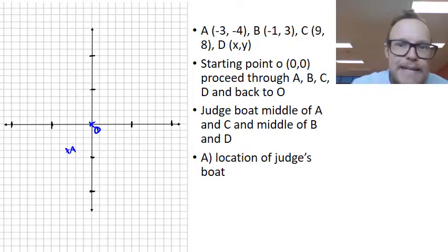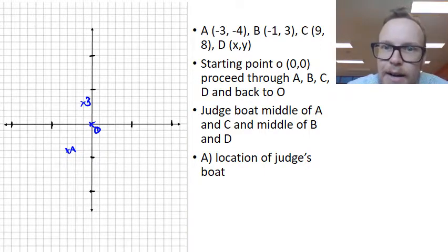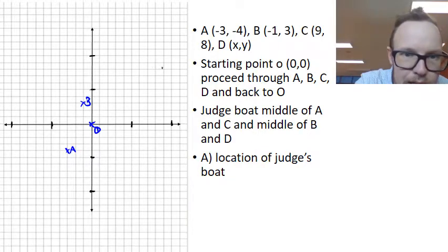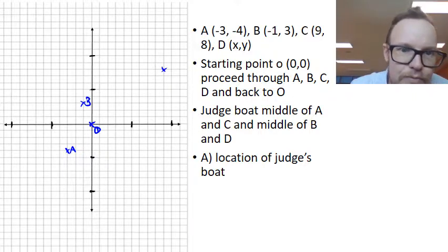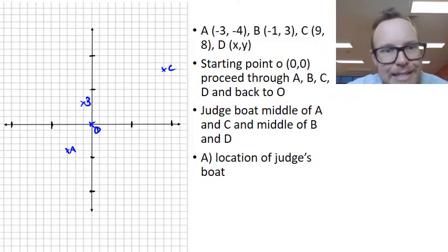Our buoy B is at -1, 3 here. That's our buoy B. Our buoy C is at 9, 8. So 9 here. And then 1, 2, 3, 8 here. That's our buoy C. And we don't know where buoy D is.